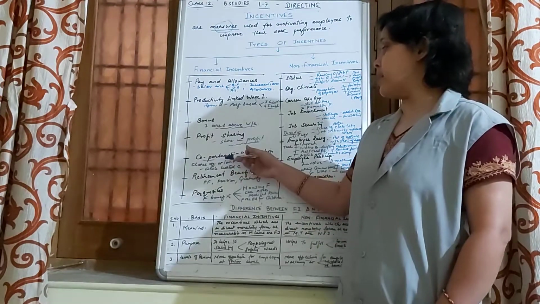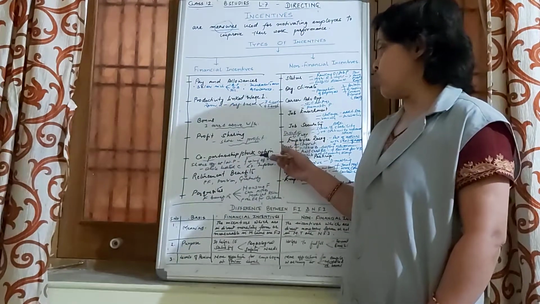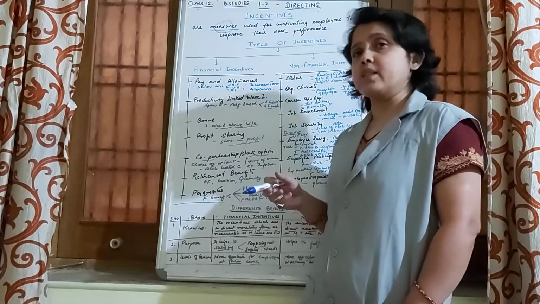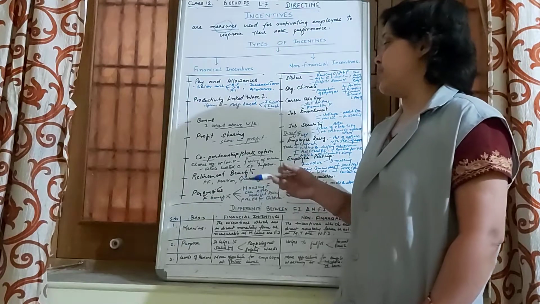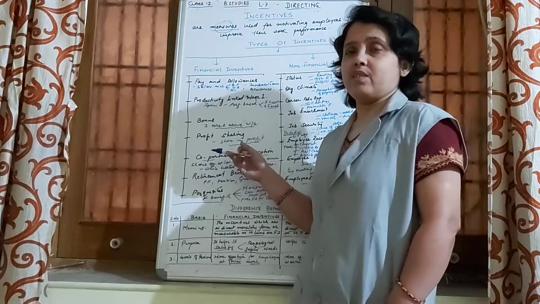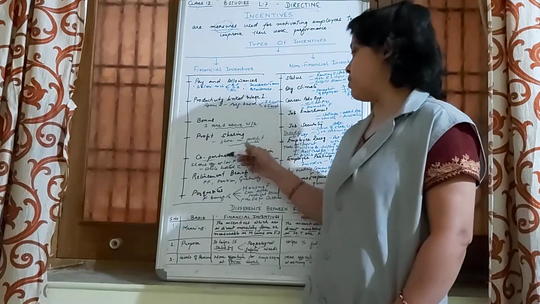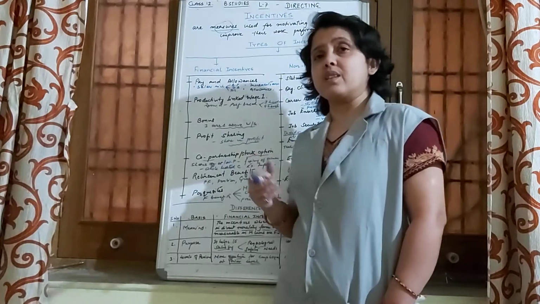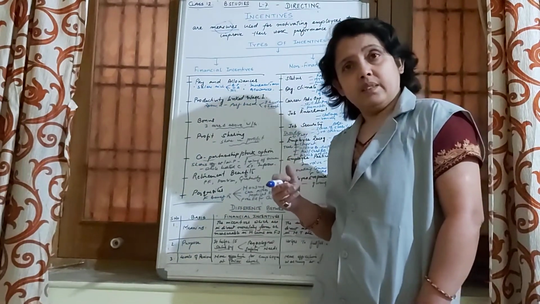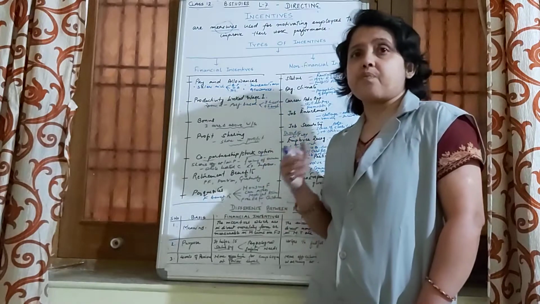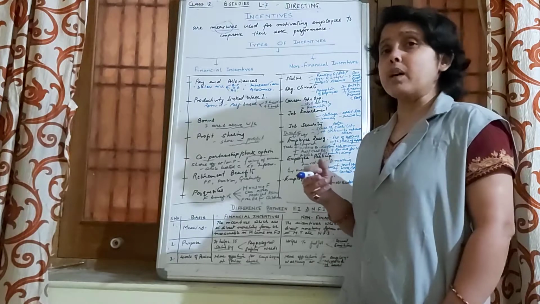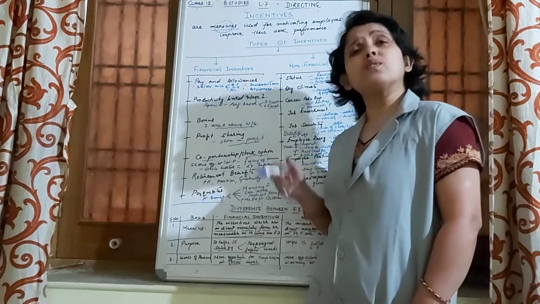When we say co-partnership, the other name is stock option, that means the organization provides its employees an offer of shares. This is what is called stock option. And once the shares are taken up by the employees or the workers of the organization, they become the co-partners of the organization.